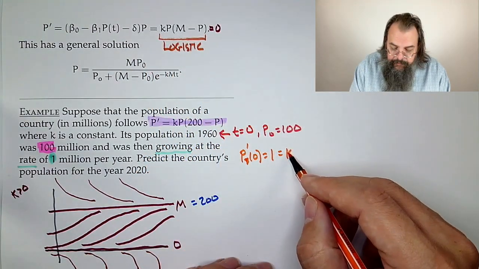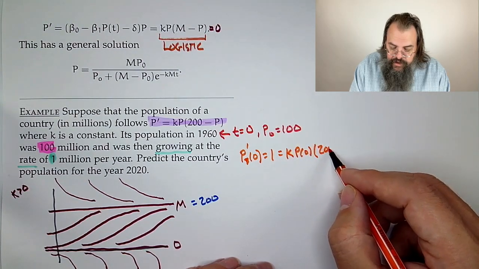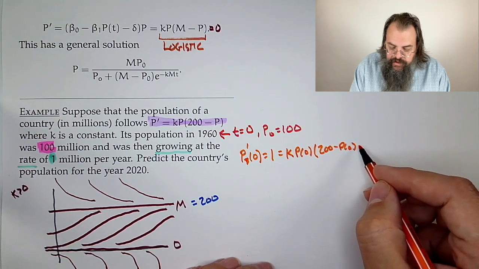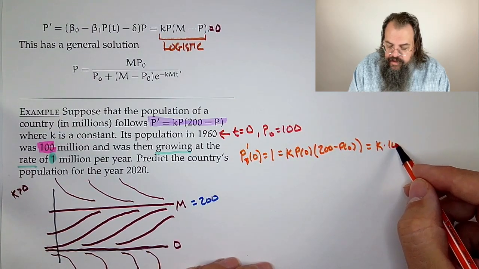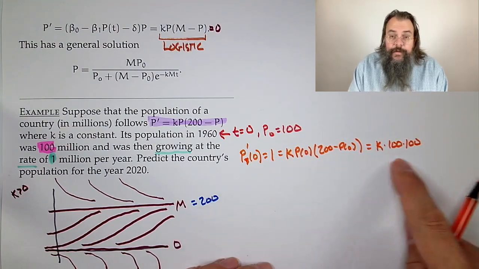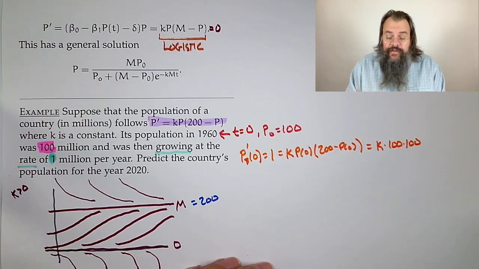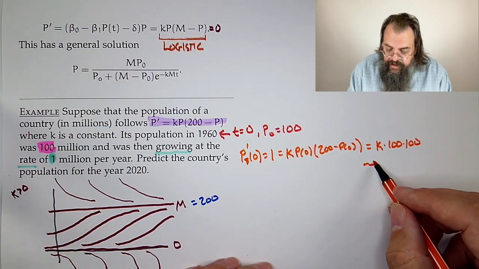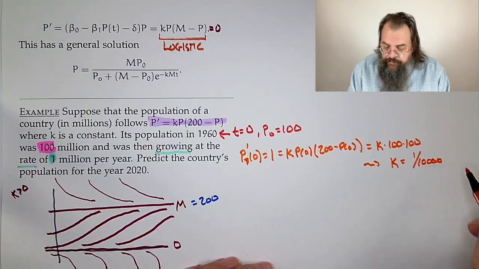So it's K times our population at 0 times our 200 minus our population at 0, which means it's K times 100 times 100. So that information lets us solve for K. Now 100 times 100 is 10,000. So that tells us that K is 1 over 10,000.